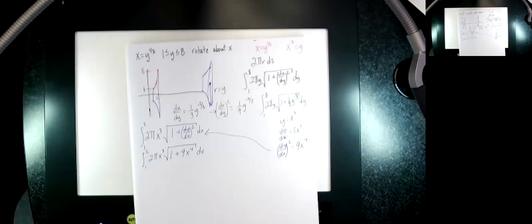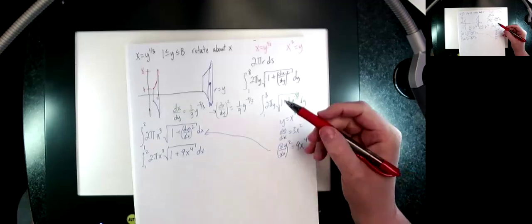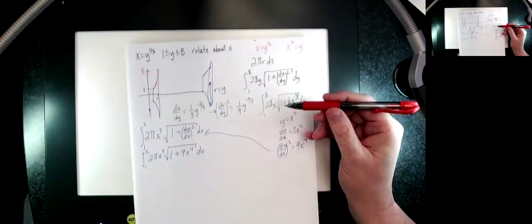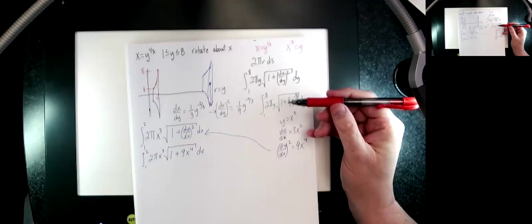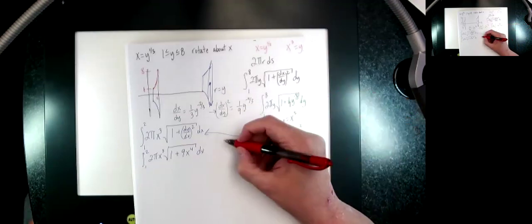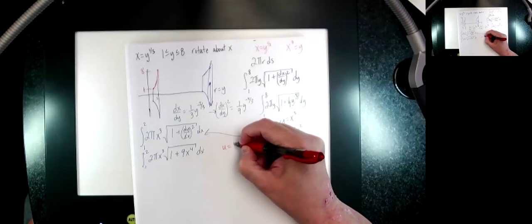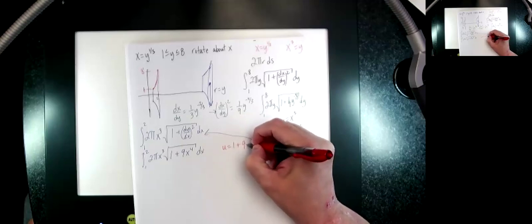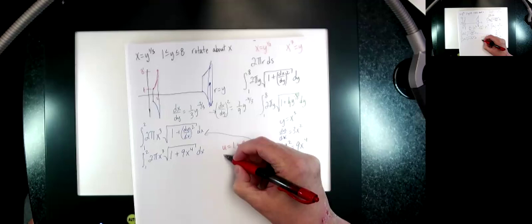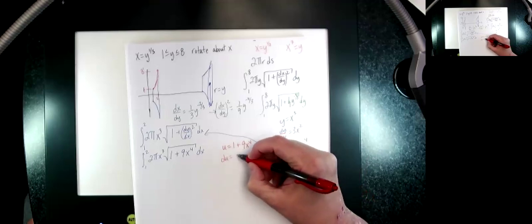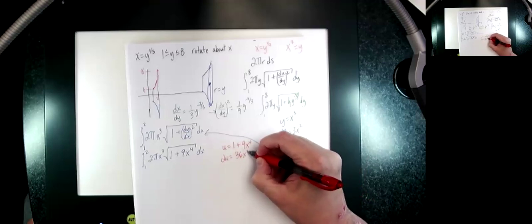What is this looking like to you guys? It's like a U sub to me. I don't know about you. I'm gonna say u equals the inside. So du is 36x cubed dx.